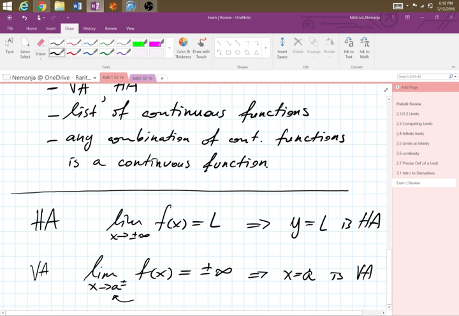Why do we need to use the intermediate value theorem? Because really all it says is if a function changes heights, then there's going to be a point in between.